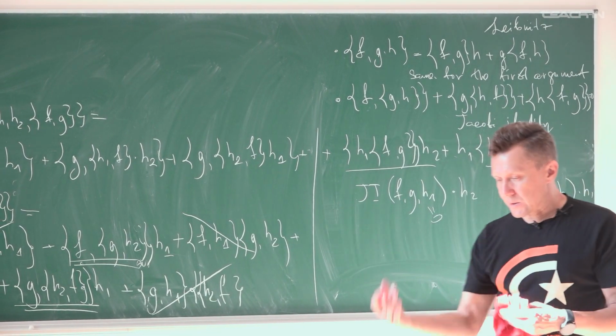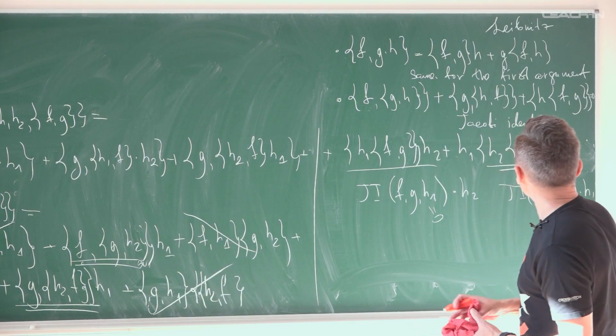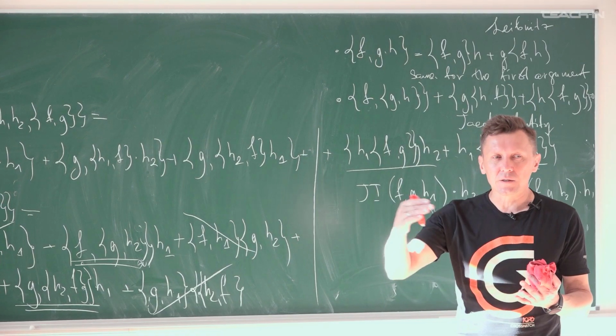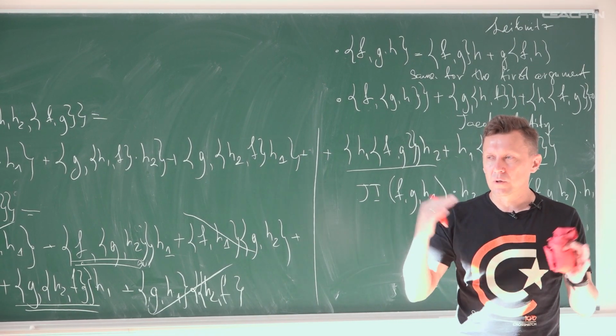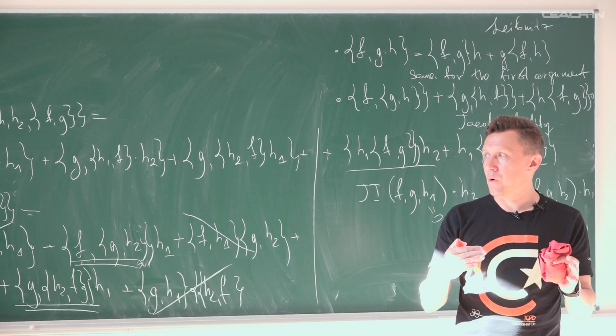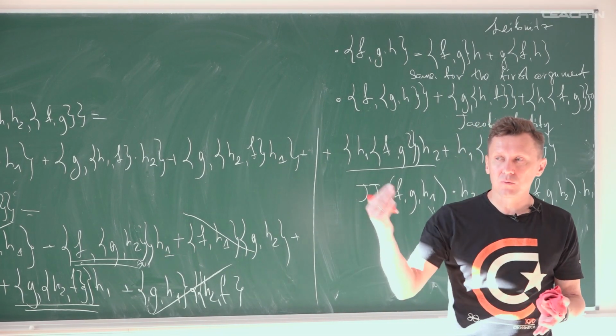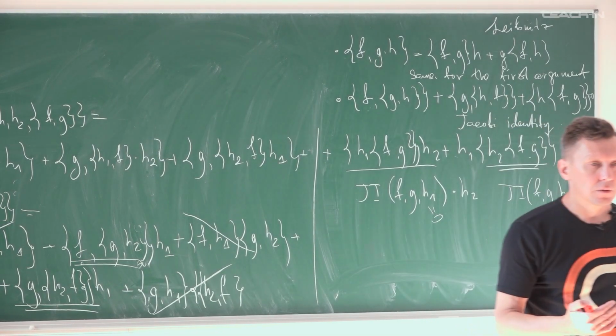So this Jacobi identity, you see, is in some way graded. So if you can prove it for lower functions, for linear ones, you can do it for all functions. What did we do here?